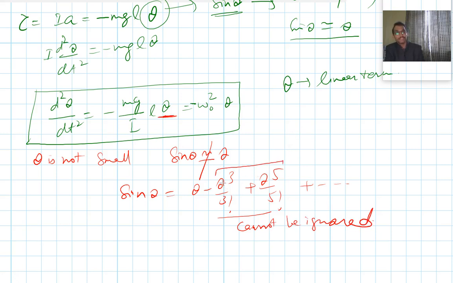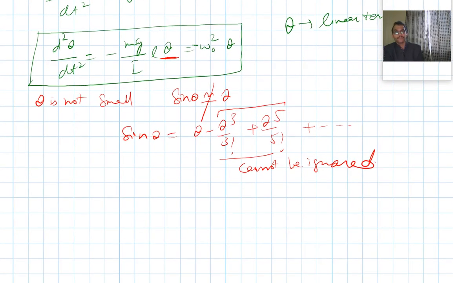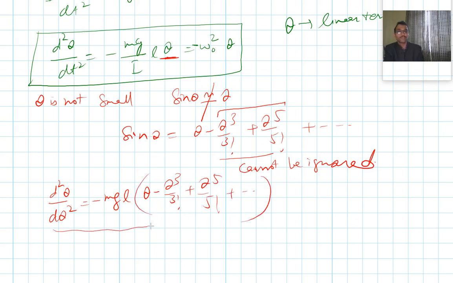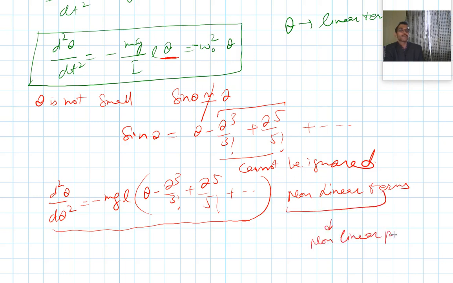What if theta is not very small? Then we will incorporate them as well. So this equation will become minus mgl times theta minus theta cube over 3 factorial plus theta 5 over 5 factorial and so on. This becomes a nonlinear equation because I have incorporated nonlinear terms here. So I call such a system a nonlinear pendulum. That's why I'm calling it a nonlinear pendulum, right? That's what we have to keep in mind.